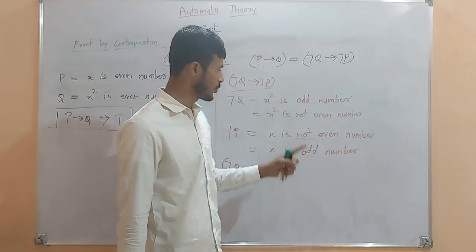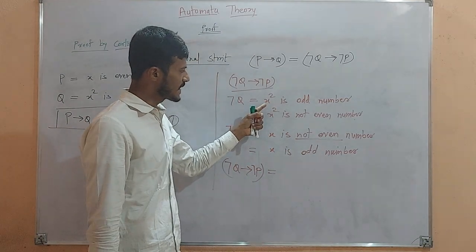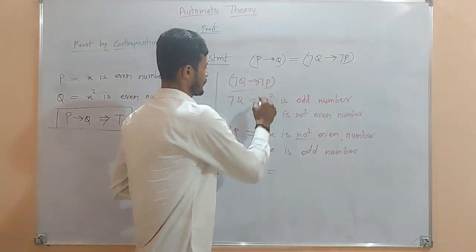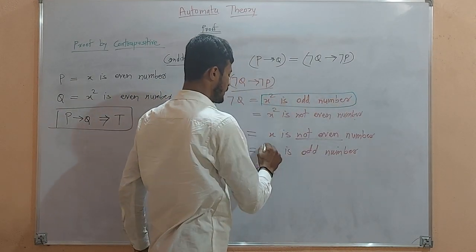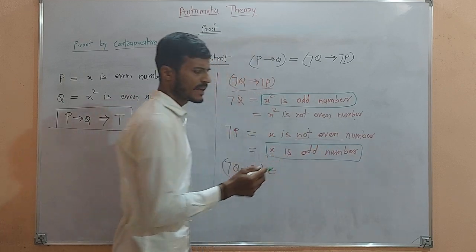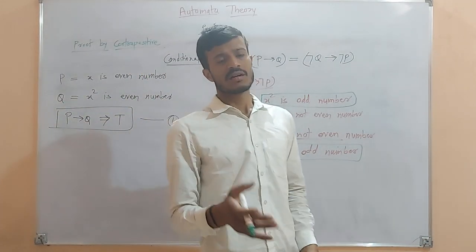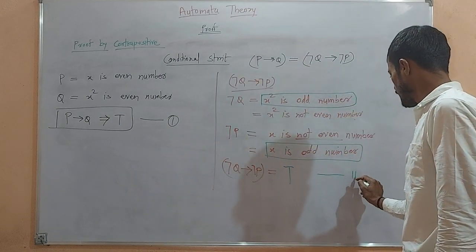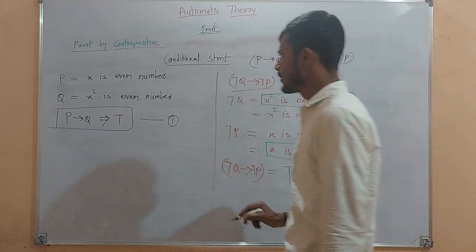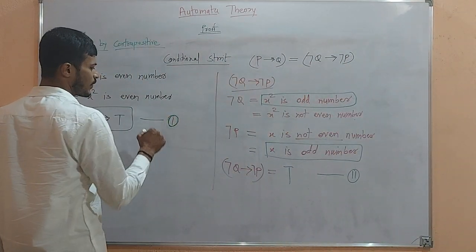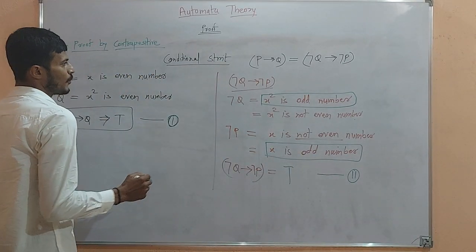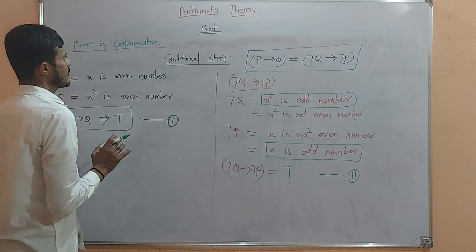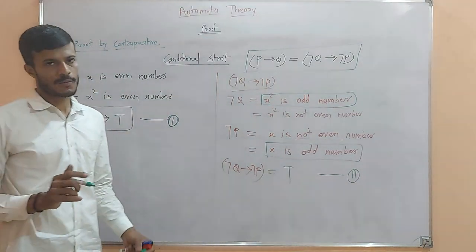That is also true. Or you can simply say that if X square is an odd number, then X is also an odd number, and this is true as per the construction method. So this one is also true. You can mention this as equation number 2. So by using equation number 1 and equation number 2, we have proved this statement. That is the proof by contrapositive property.